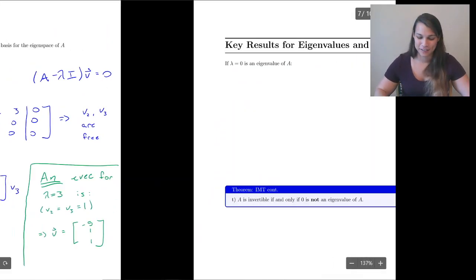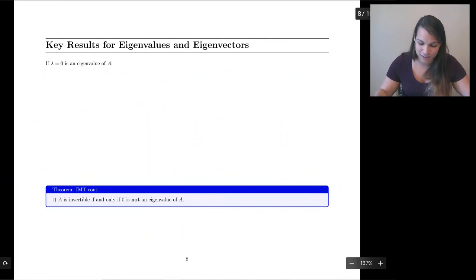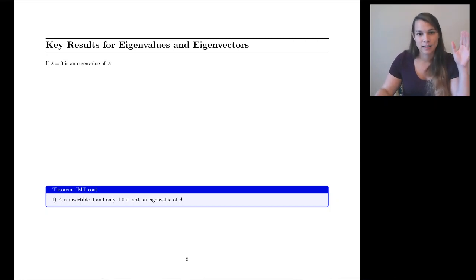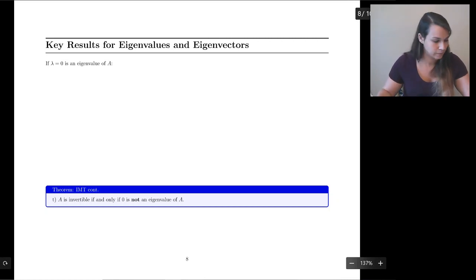So key results. Key results for eigenvalues and eigenvectors. Let's think about if lambda equals 0 is an eigenvalue for A. Remember, I said that we couldn't have an eigenvector that was 0, but that was eigenvectors. That wasn't eigenvalues. We might still have eigenvalues that are 0. That is an okay thing.